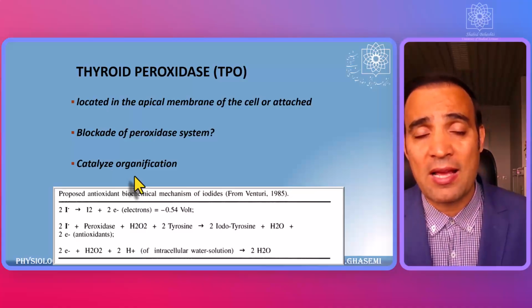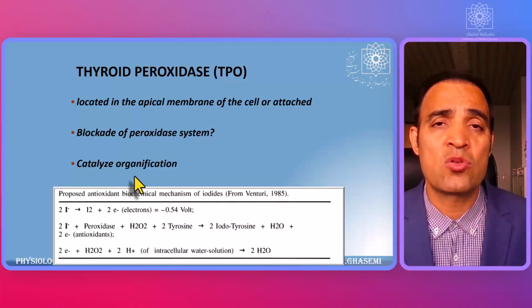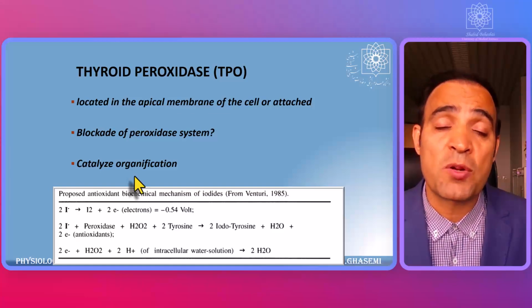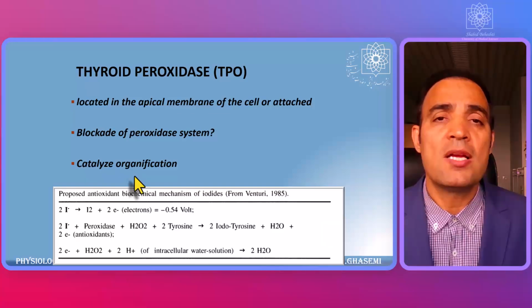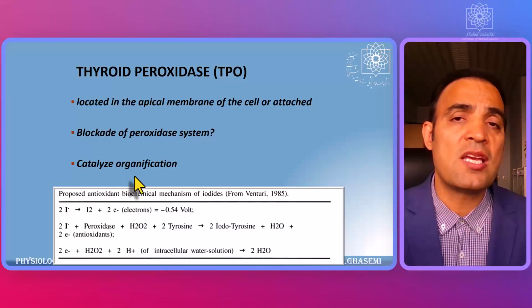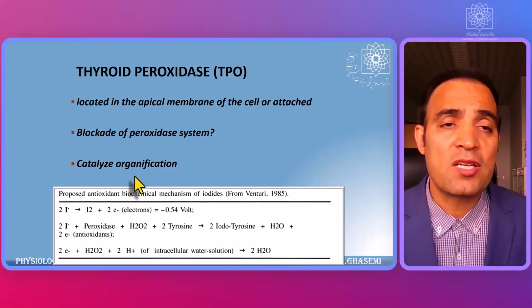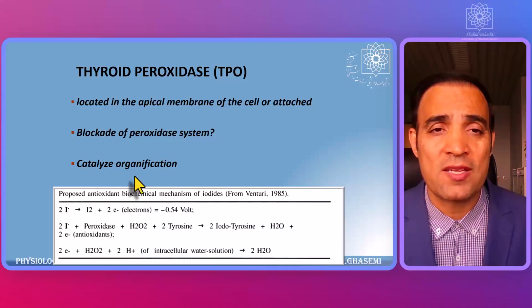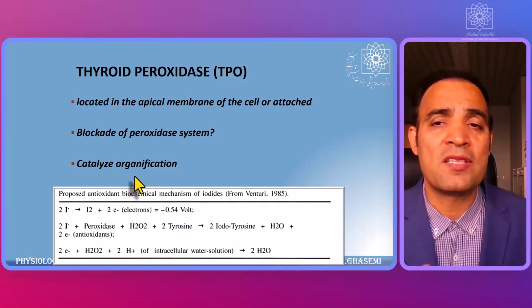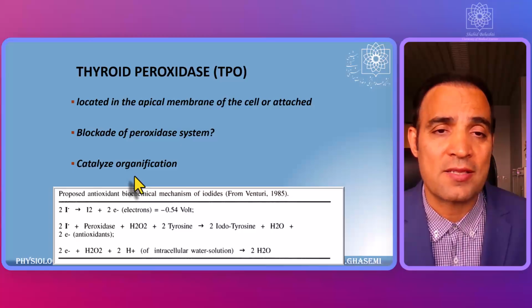Another enzyme that I showed you in that figure was the thyroid peroxidase enzyme, TPO. This enzyme was responsible for incorporating the iodide into the tyrosine. Therefore, it is extremely important for us. This enzyme is located in the cell membrane of the epithelial cells.